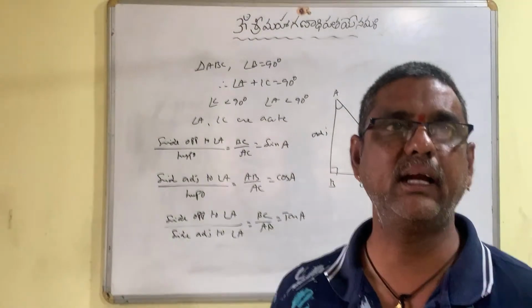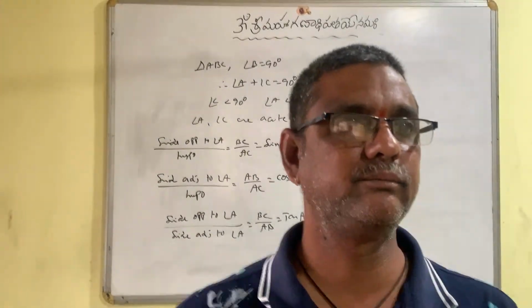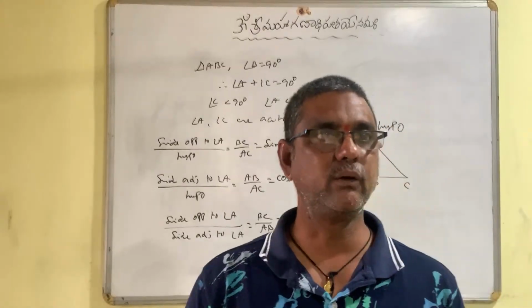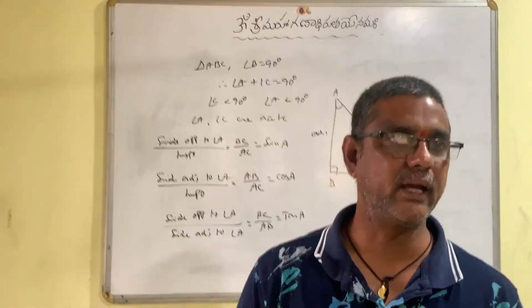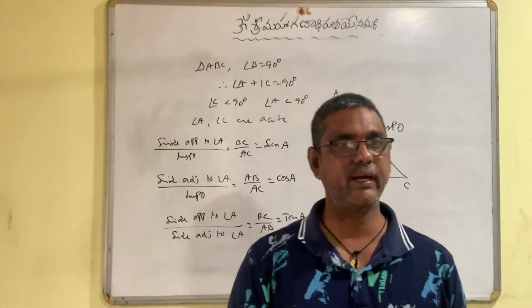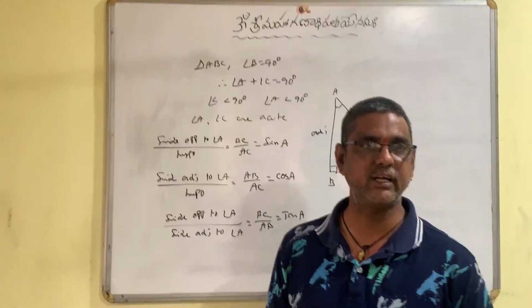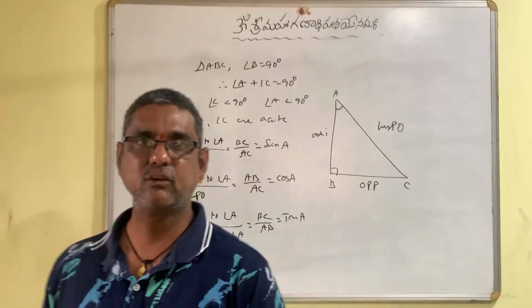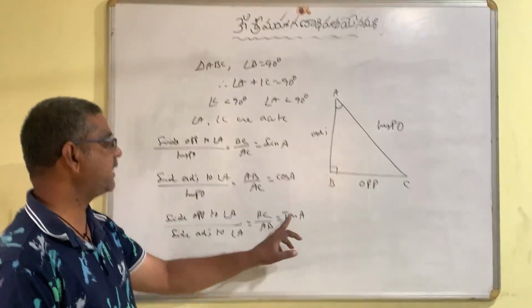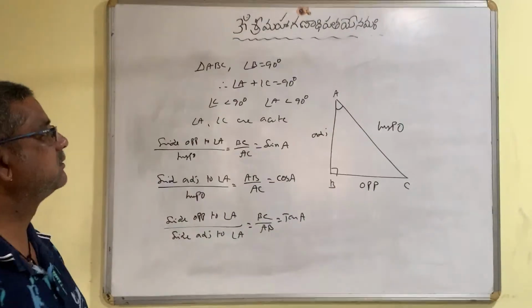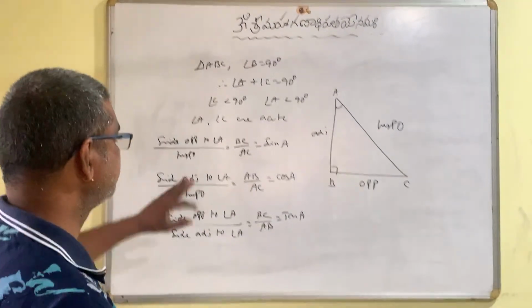So children, kindly learn the ratios in an order, like this only. Side opposite to angle A by hypotenuse, side adjacent to angle A by hypotenuse, side opposite to angle A by side adjacent to angle A. So first one is sin A, cos A, tan A. So this is the order. Next, their reciprocals.